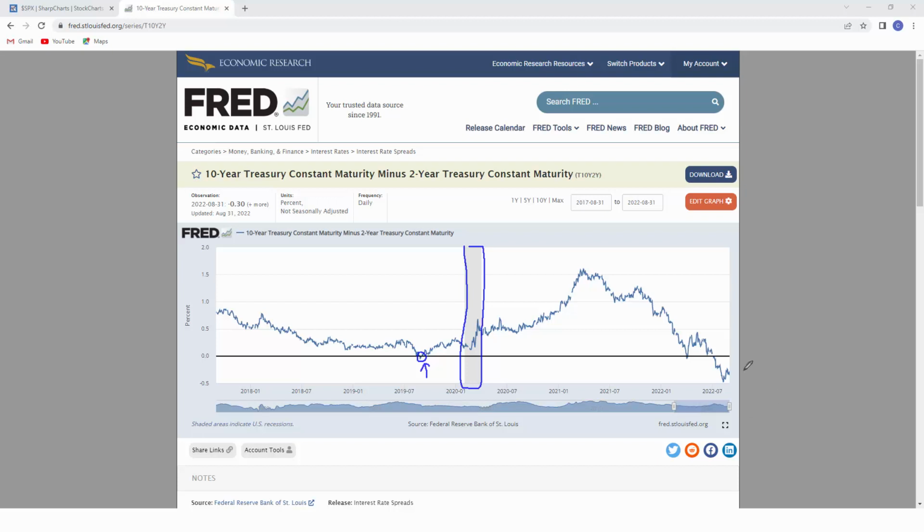What's happening right now? We have a massive inversion of the yield curve. 2-year yields paying a high interest compared to 10-year. People are nervous about this. And by the way, it kind of peaked right there, a couple of months prior it inverted temporarily.